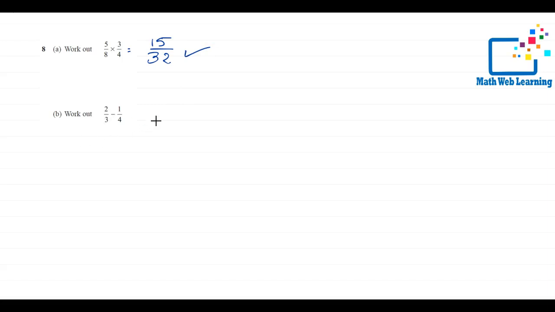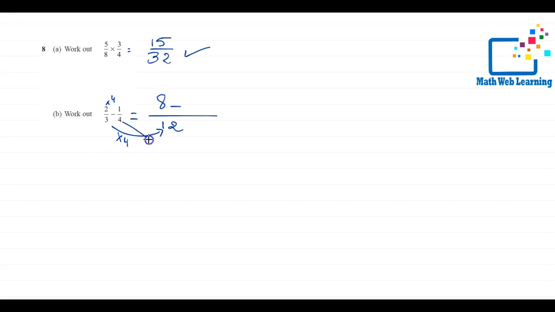Part B is subtraction. We need to find the common denominator. What is the common denominator of 3 and 4, or the lowest common multiple? The answer is 12. Because 3 goes into 12 how many times? 4. So multiply here by 4. 2 times 4 is 8.